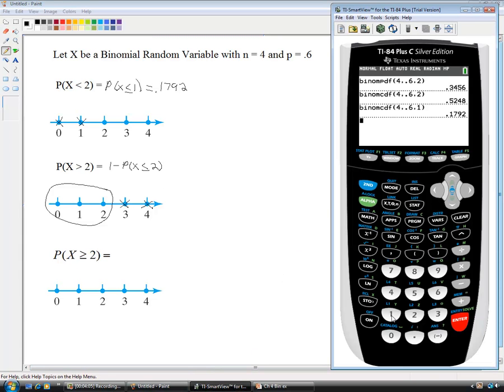So we can do it like this, 1 minus our binom CDF, N 4, P 0.6, X 2. That comes out to 0.4752.